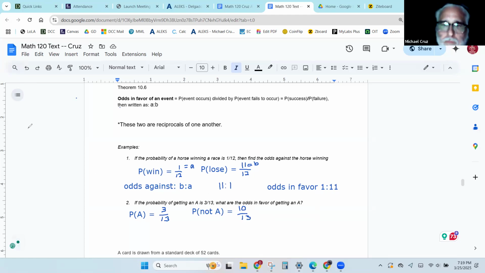So the numerator for the success of getting an A in this case is our A. All right, so there's our A and there's our B. So odds in favor now is A to B, which is 3 to 10.